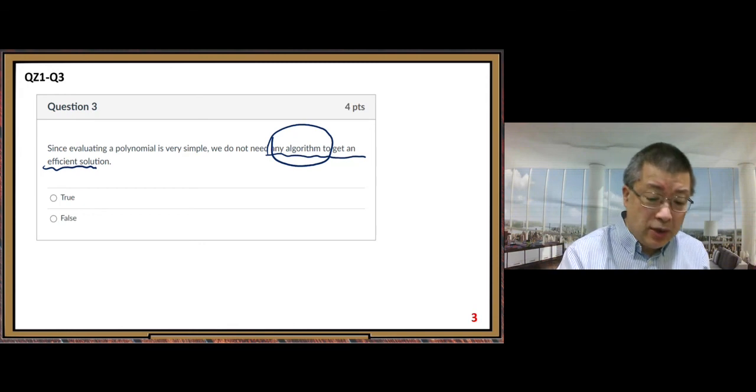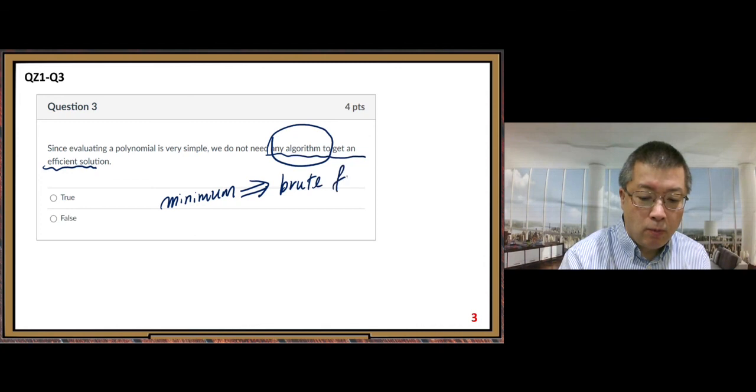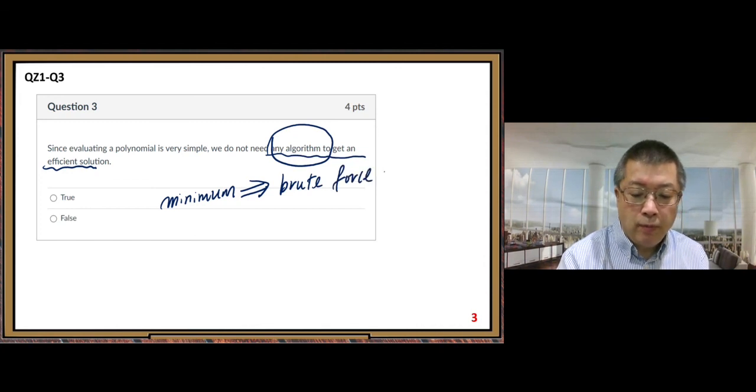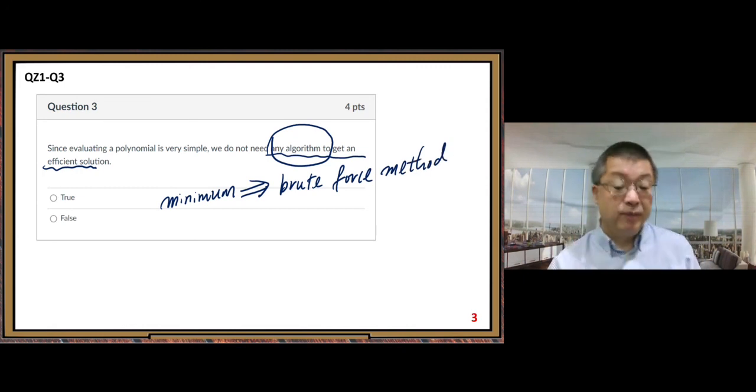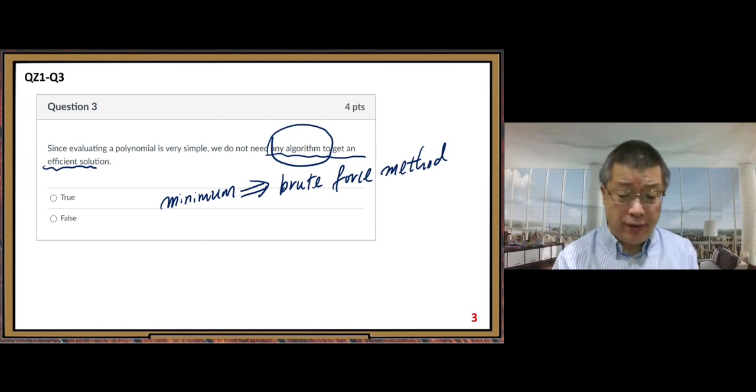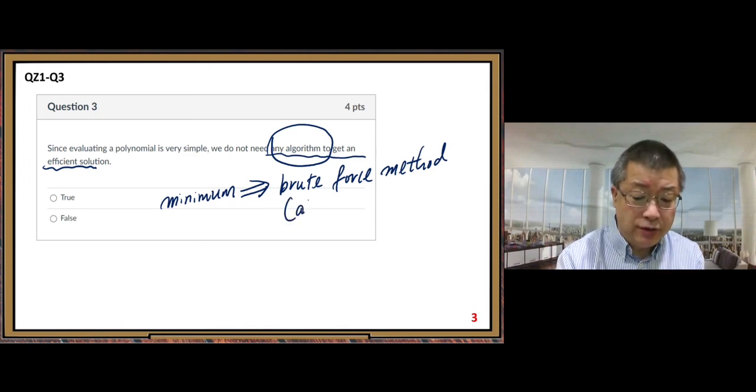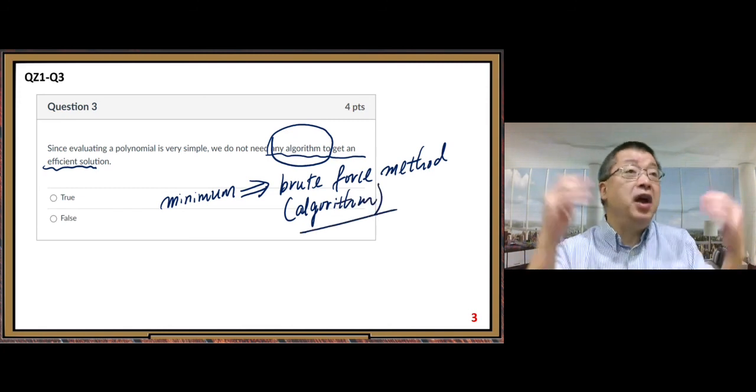So that's the brute force method. That's the minimum. That is still some valid algorithm, right? How can you say you do not need any algorithm?